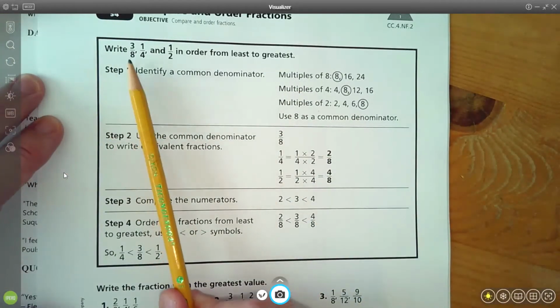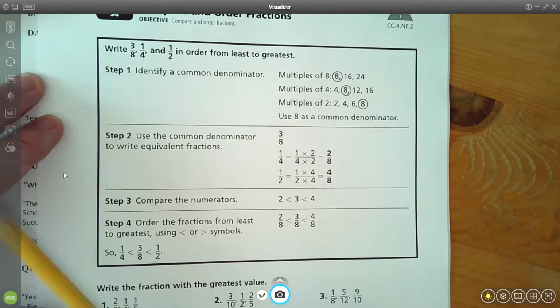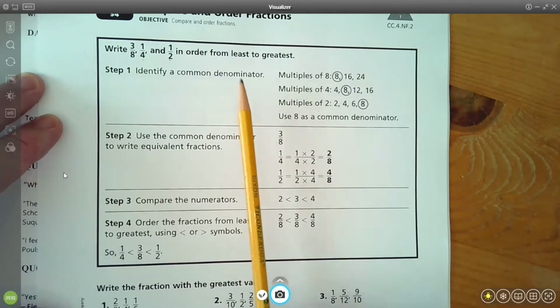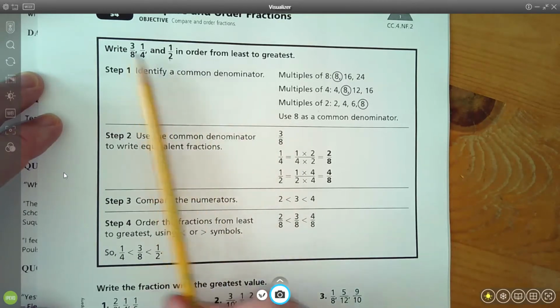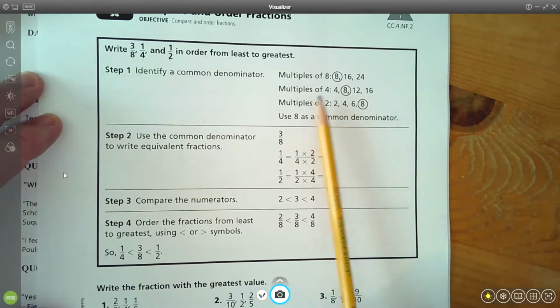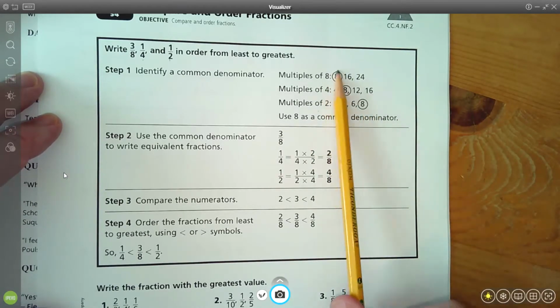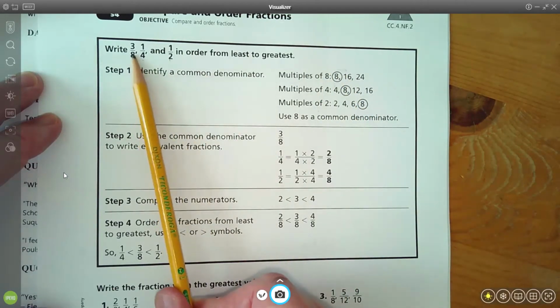They're going to say eighths, fourths, and halves, and you're going to write these in order from greatest to least. So they said, step 1, identify a common denominator. Find a bottom number that they can all agree to meet at. And in this case, they have the multiples of 8 are 8, 16, 24. Multiples of 4 are 4, 8, 12, 16, and 2, 4, 6, 8, right? And they found out that 8 is the place they can all meet up. So he doesn't have to change at all.